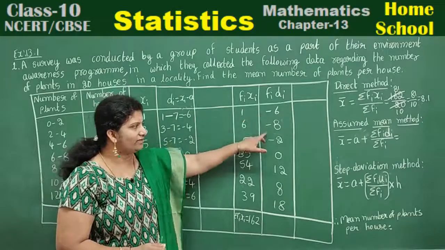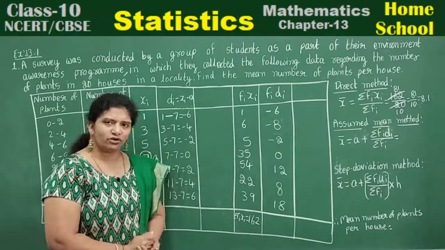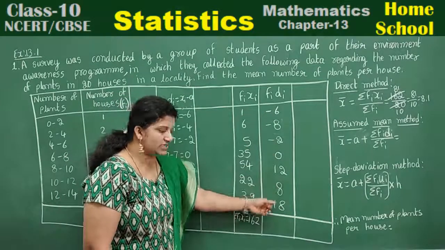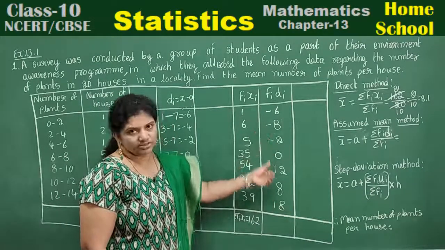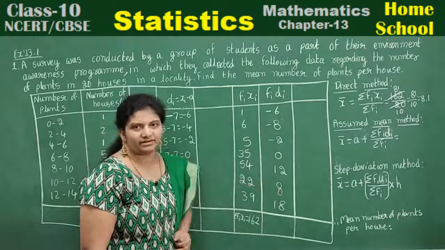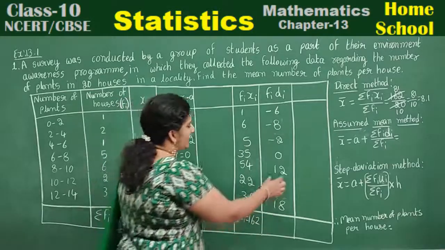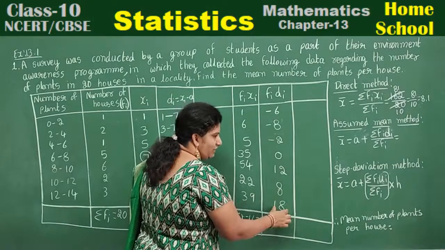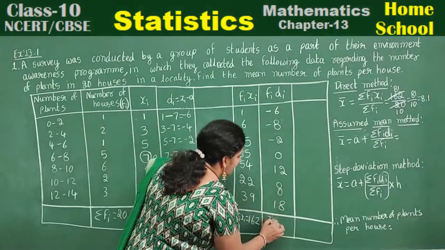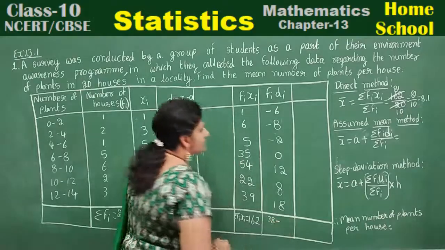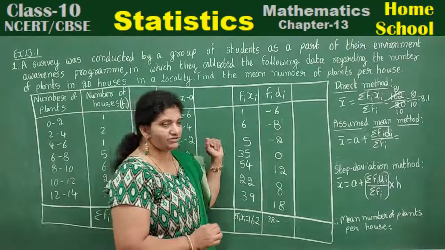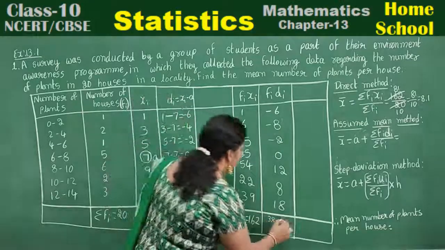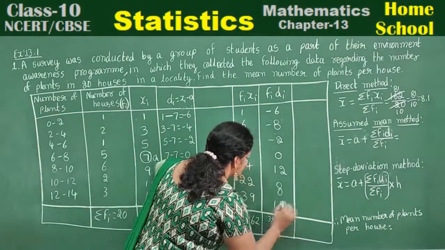But you have a negative sign, no? How you can add? All negatives you add and all positives you add. In positive sum, you subtract this. Okay. Now let's see here. 12 plus 8, 20. 20 plus 18, 38. Minus. Add all this and take negative sign. 6 plus 2, 8. 8 plus 8, 16. 38 minus 16.